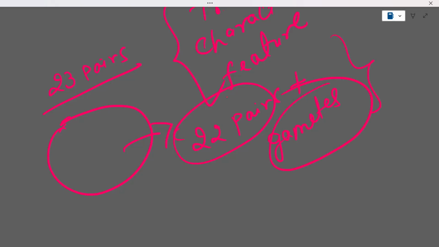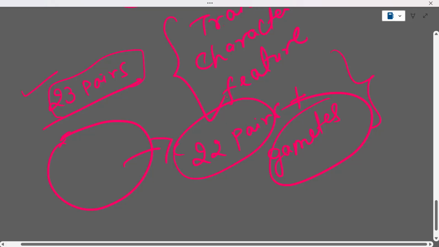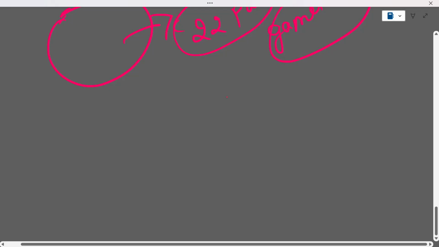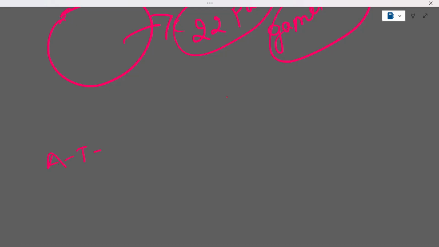They come together to form the 23 pairs which every individual, every higher organism, possesses. Now what I mean is that these chromosomes are nothing but this structure.